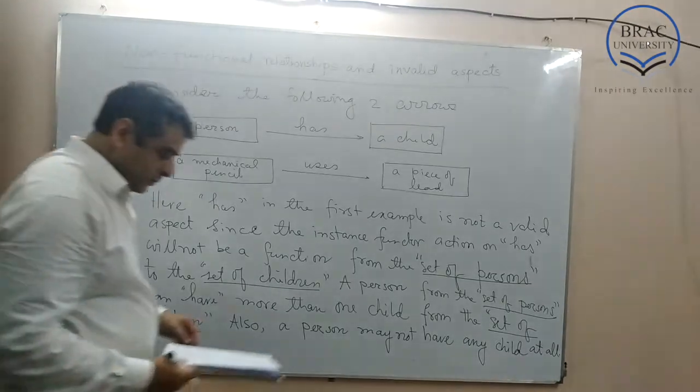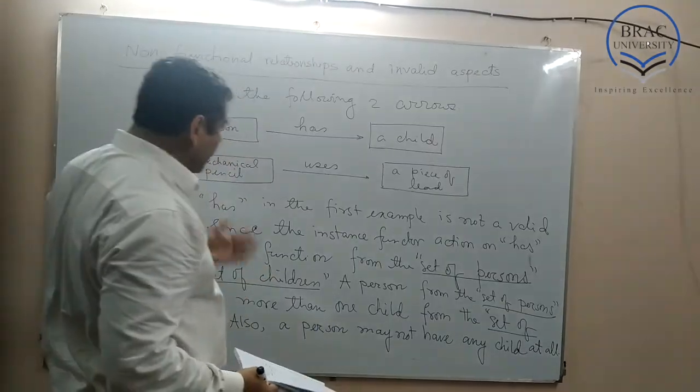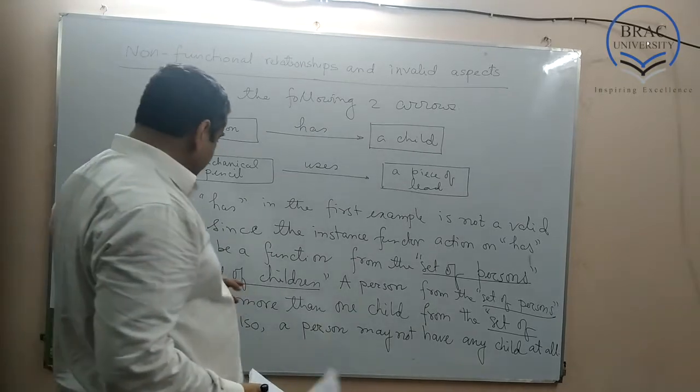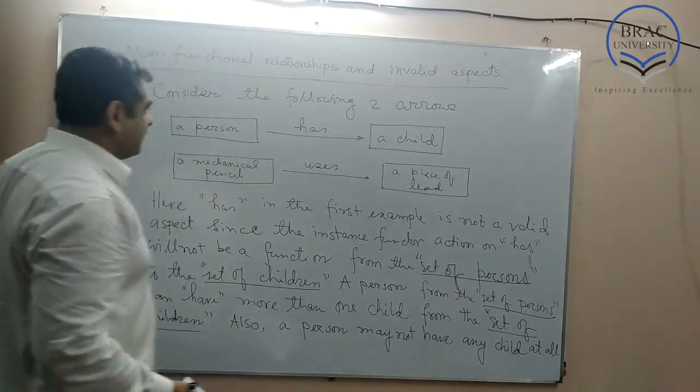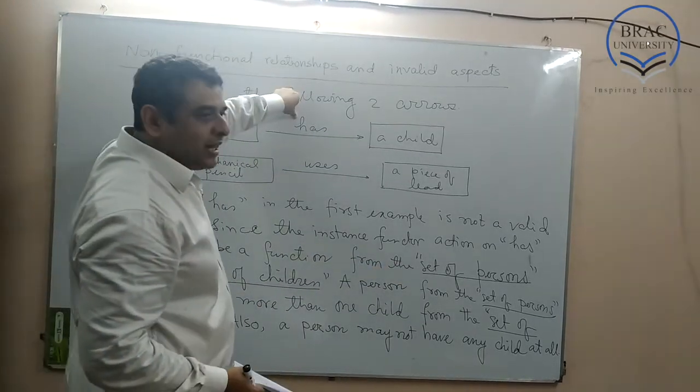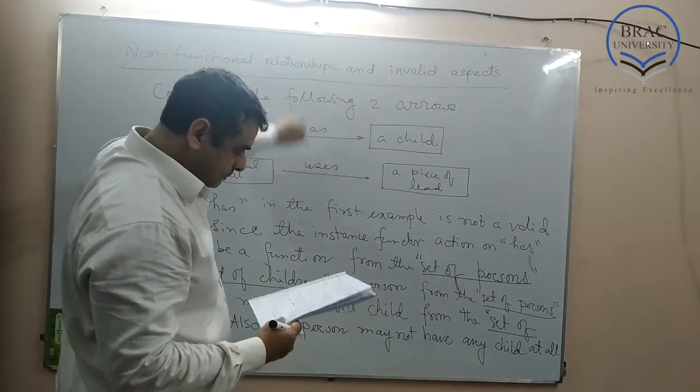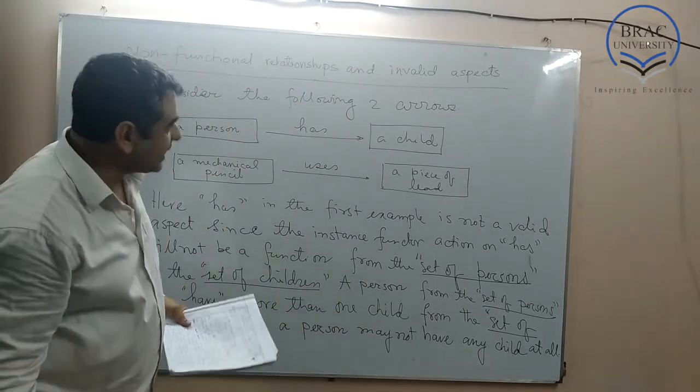So it's not a functional relationship between these two sets, and therefore this aspect has is not a valid aspect. Okay. What about the second example?